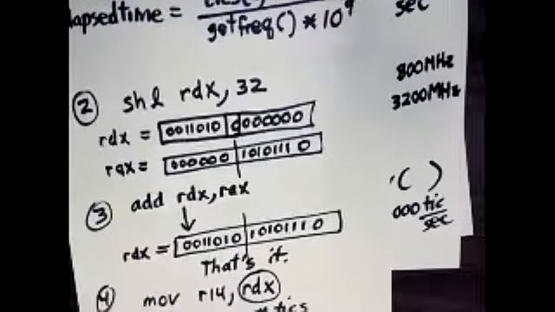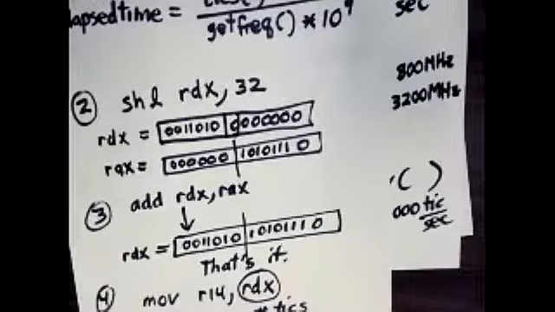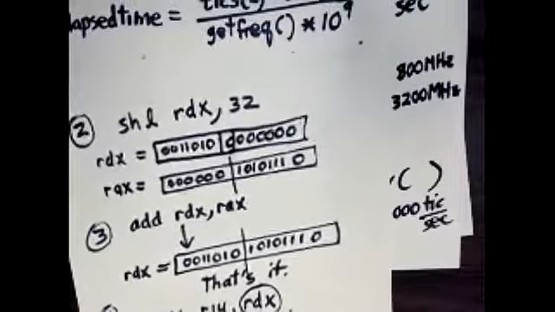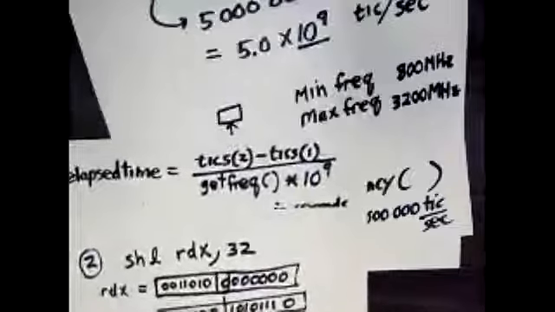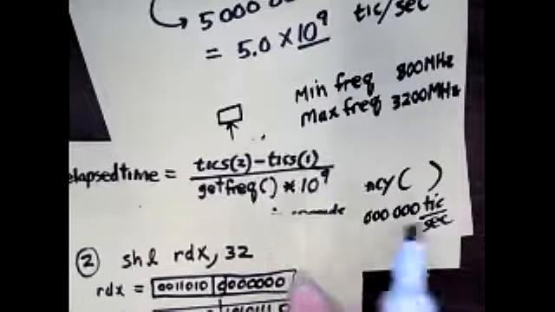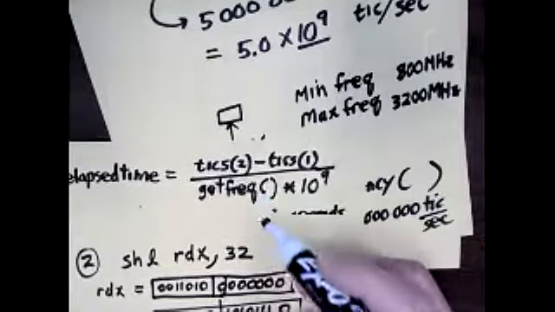And now we have that number of ticks inside of XMM14. And you do the same thing for the second number of ticks. You can subtract them using XMM14 minus XMM15. Get frequency gives you a number.